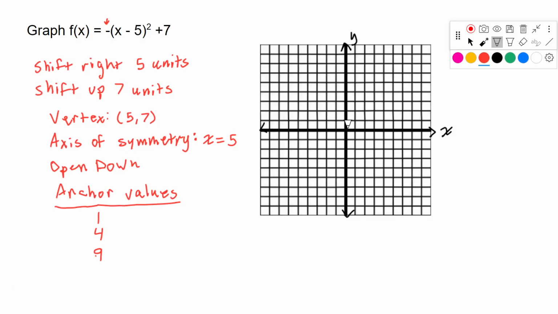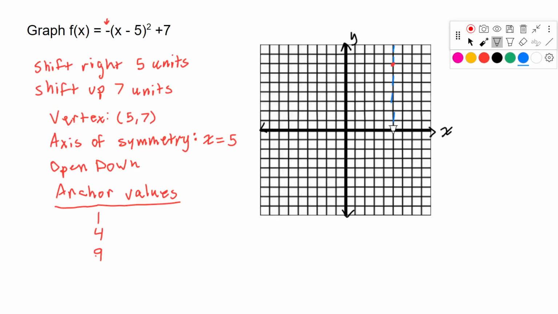So first I'm going to plot my vertex, 5 to the right, and 7 up. My line of symmetry will go right through that vertex.